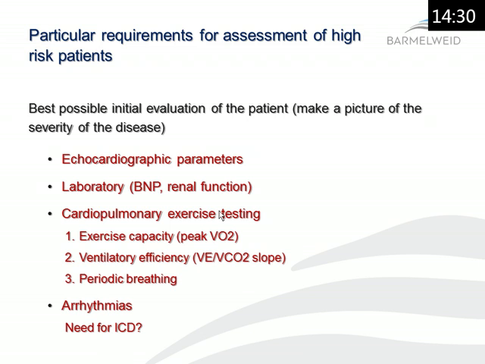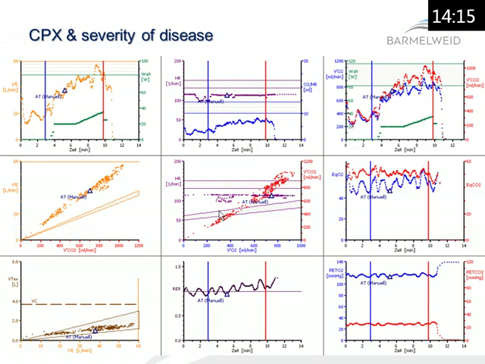And finally, we always have to ask ourselves, if we have patients with low ejection fractions, whether ejection fraction improves, and if this is not the case, whether these are candidates for an ICD implantation. So this is just to give you an example of how cardiopulmonary exercise testing shows you the severity of the disease.